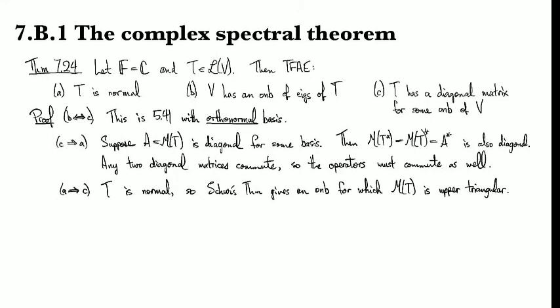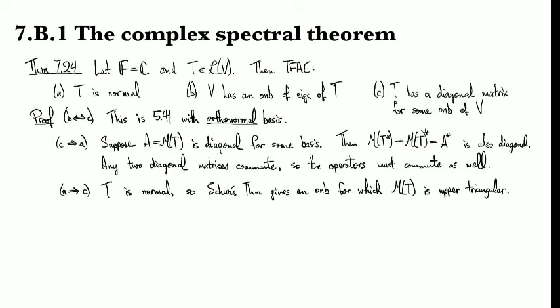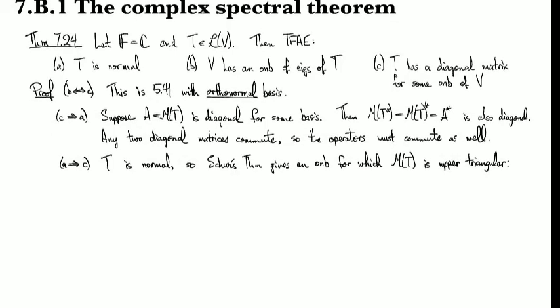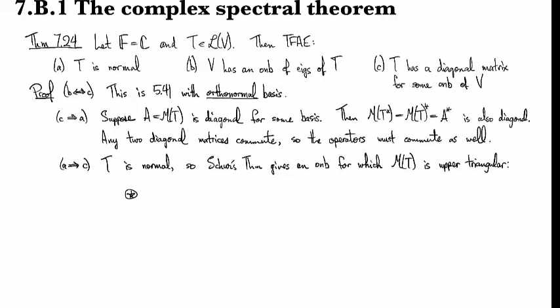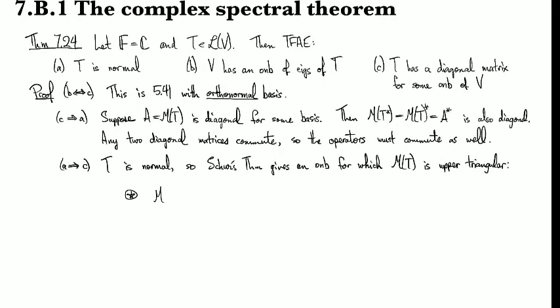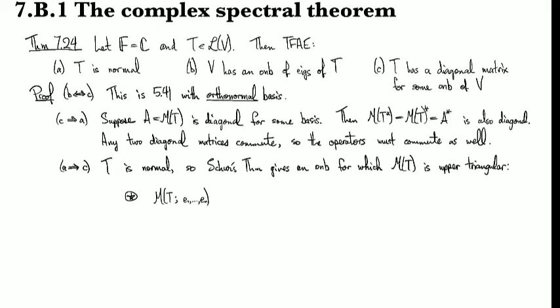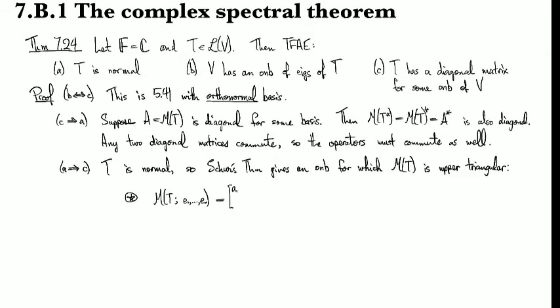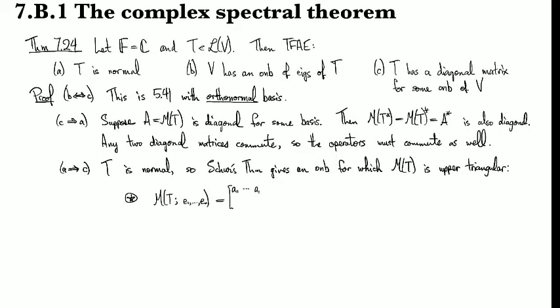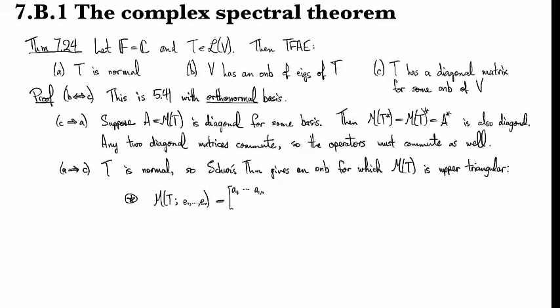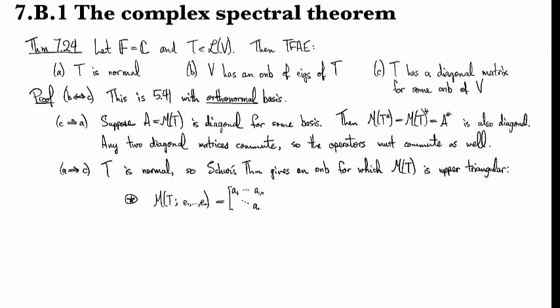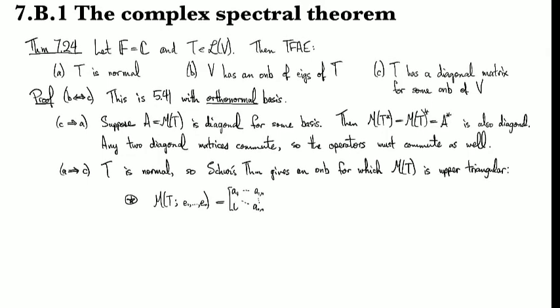Okay, so let's actually do a little doodle. So here's a sketch of what the matrix looks like. So the matrix of T in this eigenbasis looks like, we've got A11 across the top to A1n, coming down to Ann, and then 0 below the diagonal.